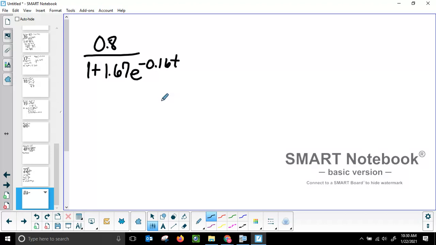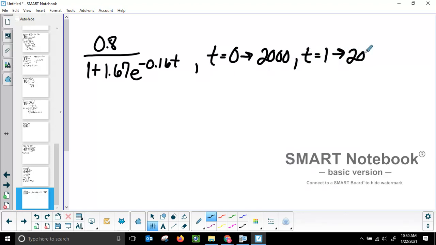Let t equals 0 represent 2000, t equals 1 represents 2001, etc.